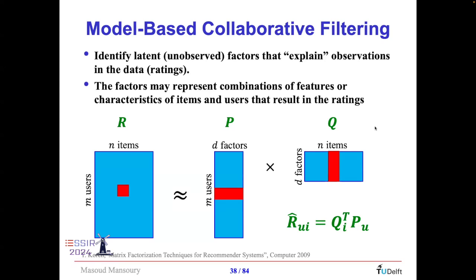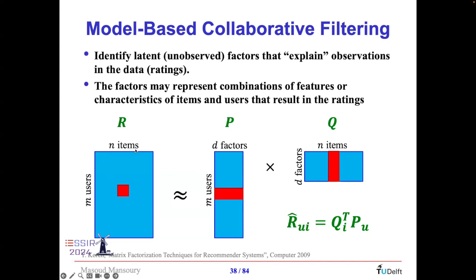In this approach, we identify the latent factors for the items and the users that explain the patterns in the data, the characteristics of the users and items. Here you see an example given the input data, for example, M users, N items, the matrix that we saw in previous slides.